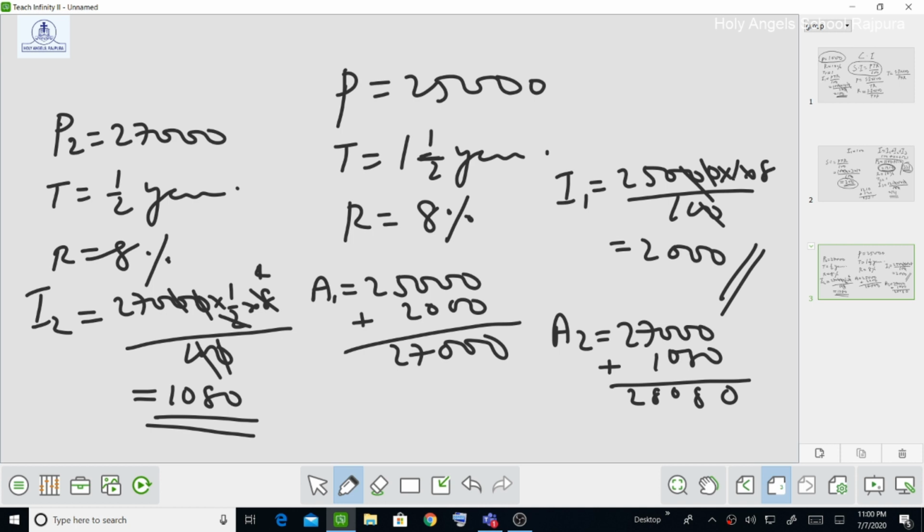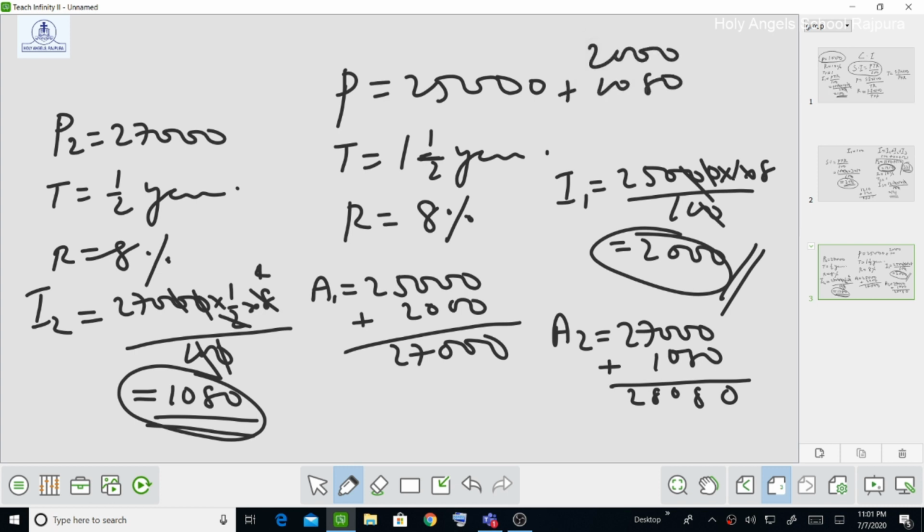There are two ways we can calculate the compound interest. Compound interest for 1.5 years can be calculated by adding I1 and I2. I1 plus I2 is equal to 2000 plus 1080, that is 3080. So the compound interest is 3080. The other way is to use the final amount. Final amount is A2.